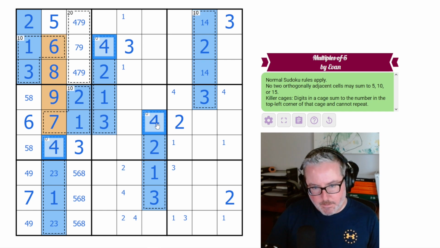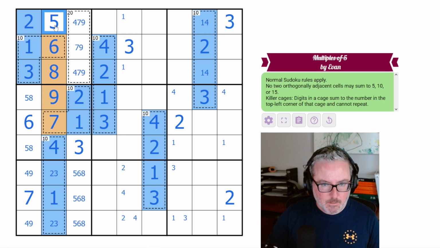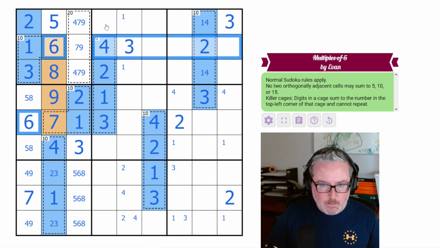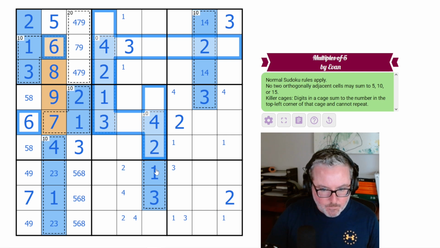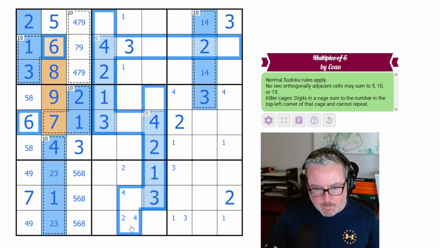And we're running out of digits that we have a lot of uses of at the moment, because there's only one 5, a couple of 6's. Don't know if these are going to be enough to take us anywhere. We know there can't be a 6 in conjunction with our 4.